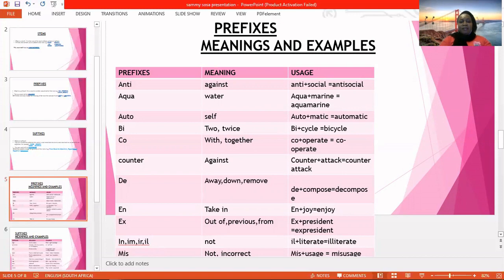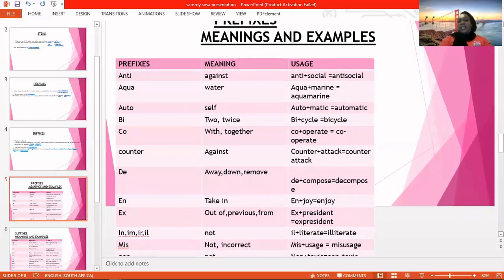Mis means not or incorrect. Mis and usage will give us the new word misuse or misusage. So take note of the meaning of the prefix mis.